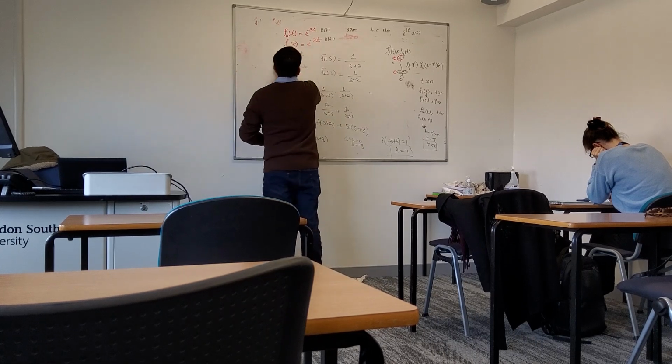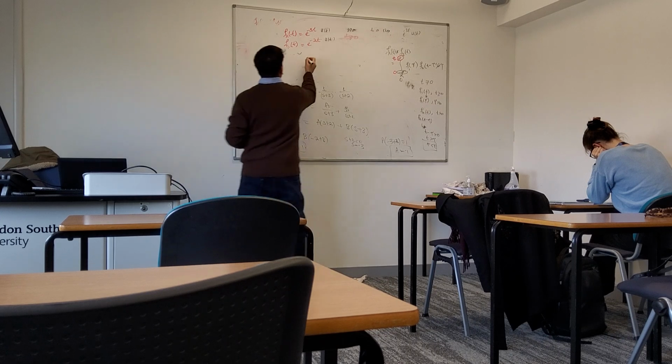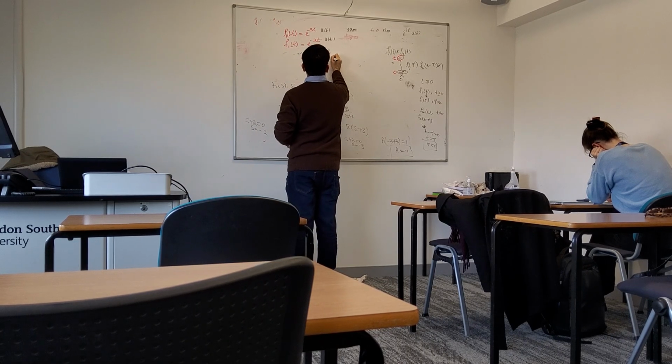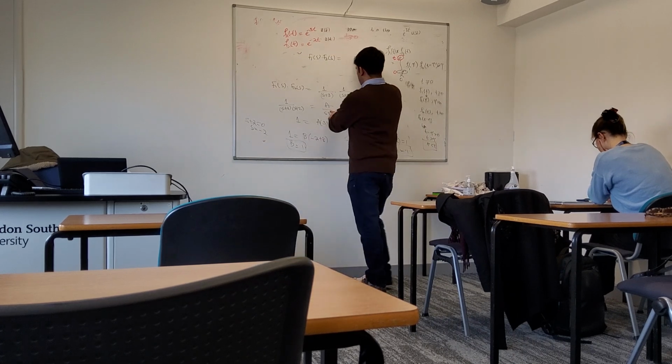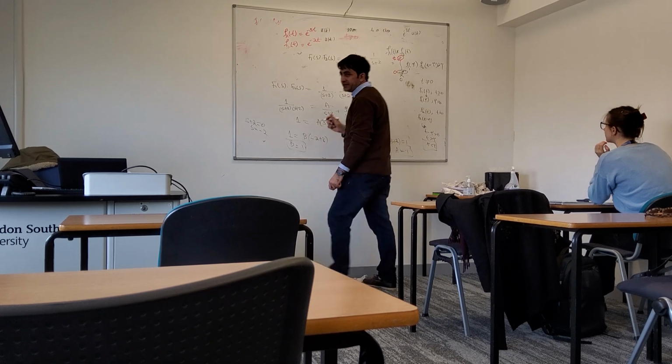It means that F1 of s times F2 of s, I can write it as minus 1 divided by s plus 3 plus 1 divided by s plus 2, right?